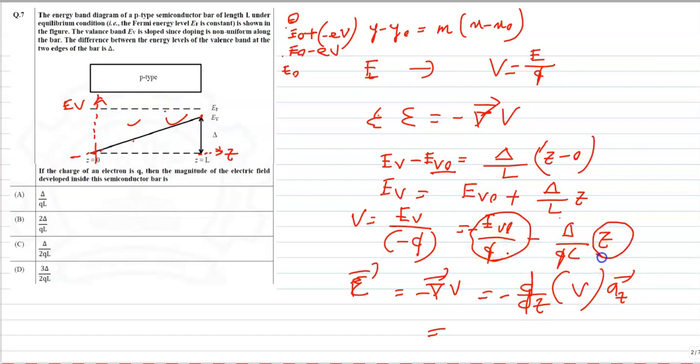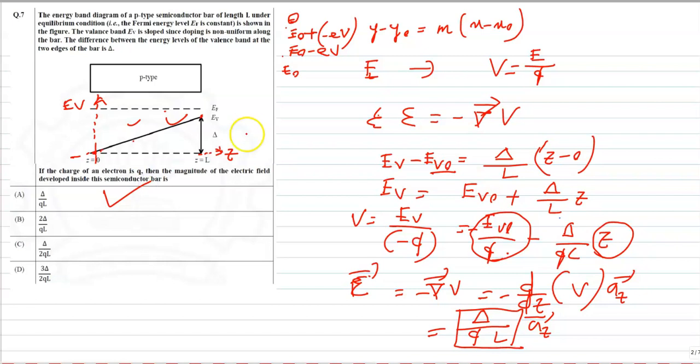This is a linear function of z. So ultimately you will get del upon q L and az, and it has asked for the magnitude only. So the magnitude will be del upon q L. So the answer is option A.